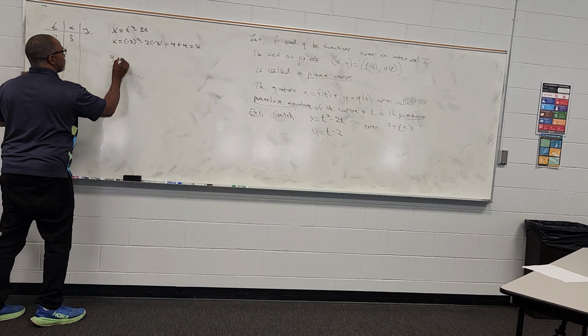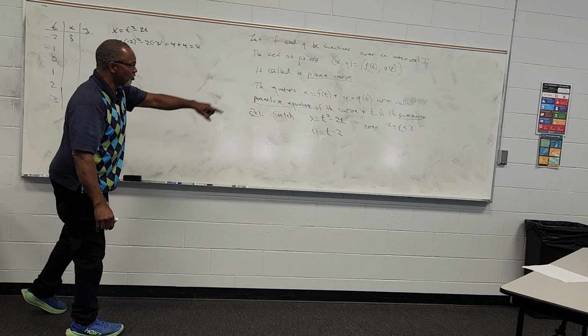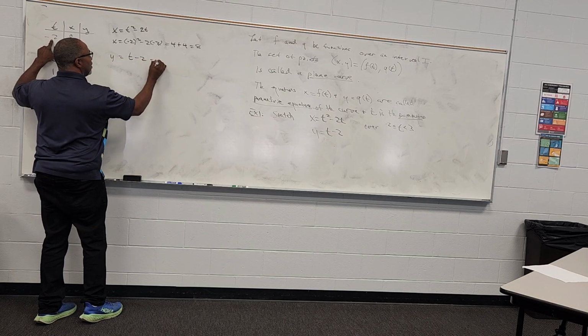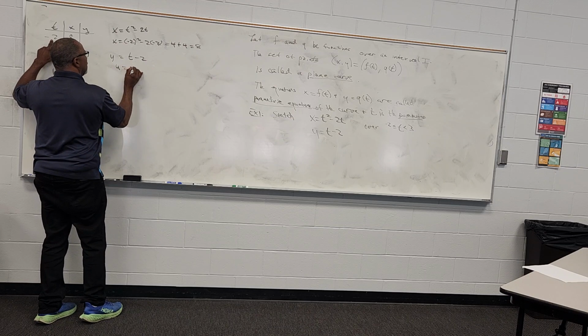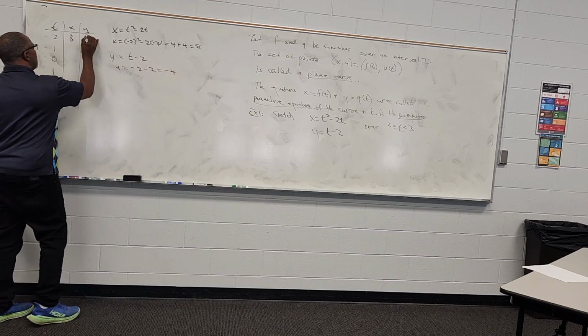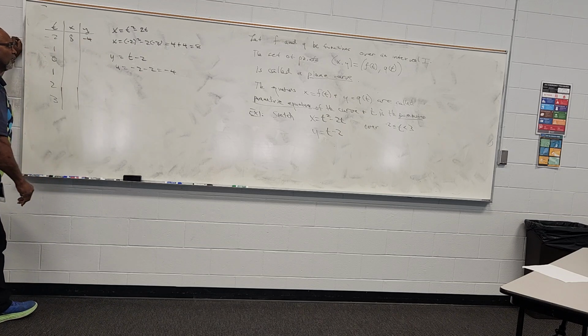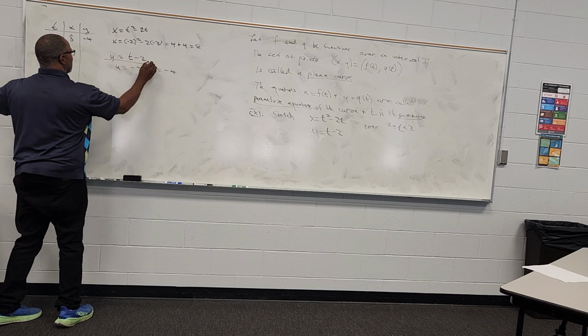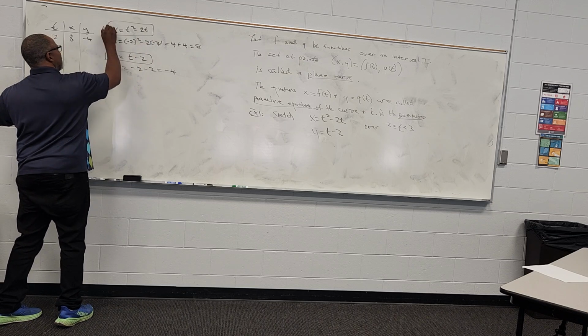Well, y is just t minus 2. So when t is negative 2, y would be negative 2 minus 2, negative 4. All we're doing is plugging these respective values into the definition for y and the definition for x.